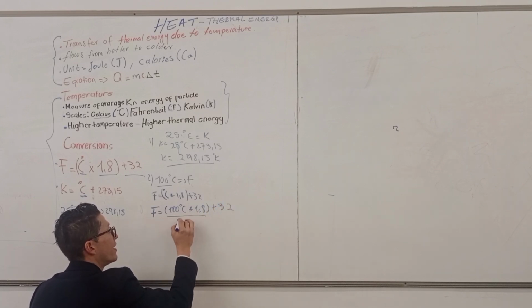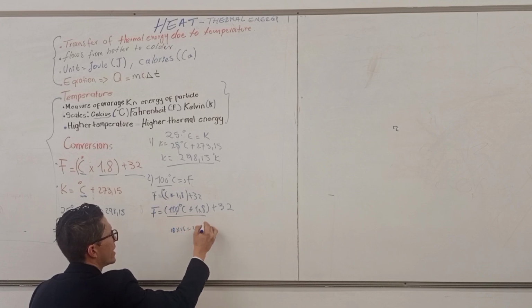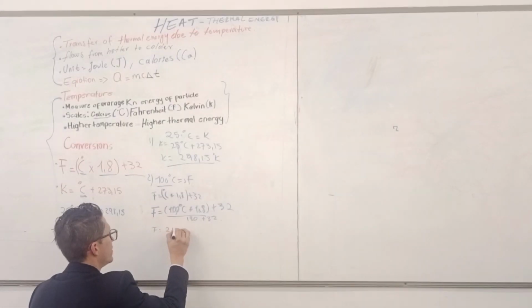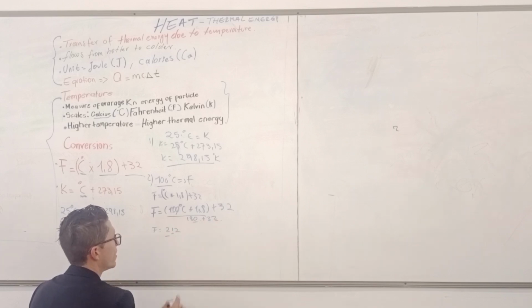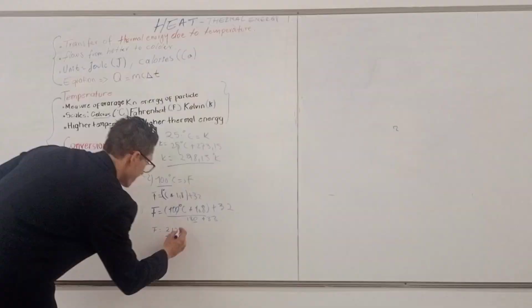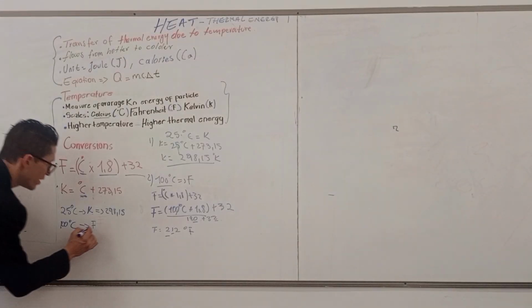Here, this with this annihilate, and 100 times this equals this. Then the result is this, plus 32. Then here is the answer in Fahrenheit.